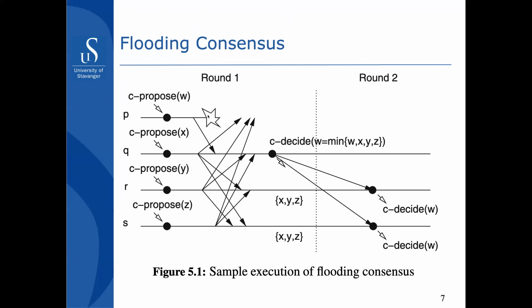Because process P sent only one proposal before crashing, and this proposal was only received by process Q. And this is why we can see on process R and process S that they know only about these values, x, y, z, because they only received these proposals from each other. And only process Q knows about w.